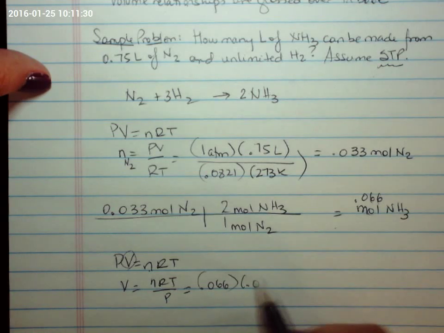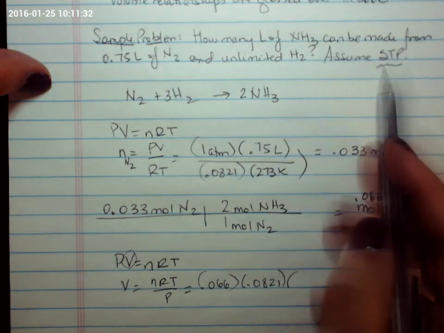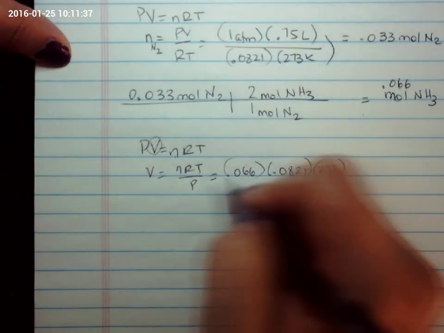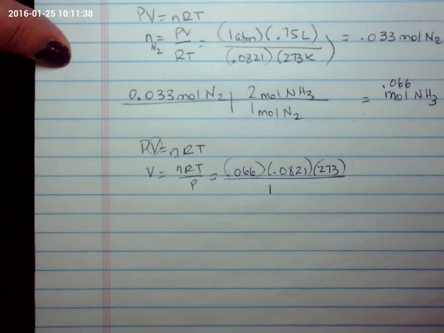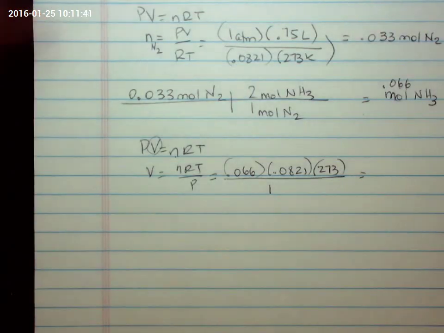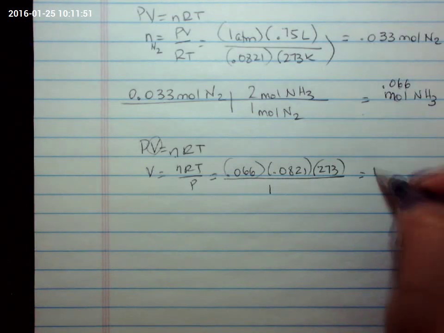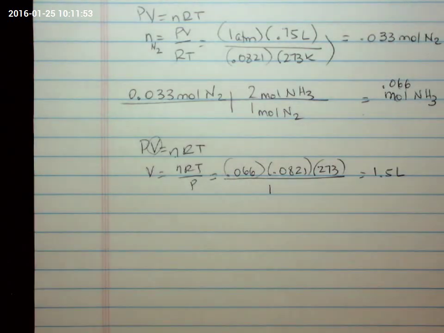R is 0.0821. T, it's at STP again, so that would be 273, and it's at STP, so it's 1 atmosphere. All right, and I could calculate all that out. It would give me the volume. So I got 1.5 liters.